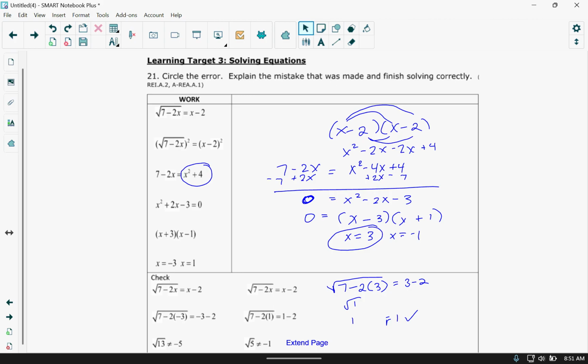Then we're going to do the same thing with negative 1. So I'll have the square root of 7 minus 2 times negative 1. Negative 2 times negative 1 is plus 2. 7 plus 2 is going to give me the square root of 9, which is just 3.